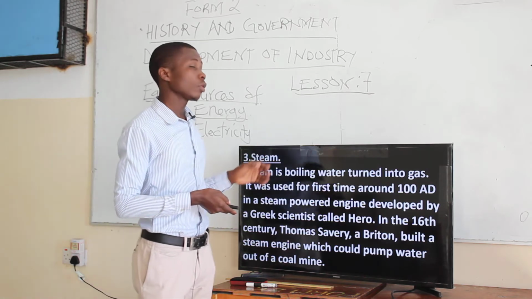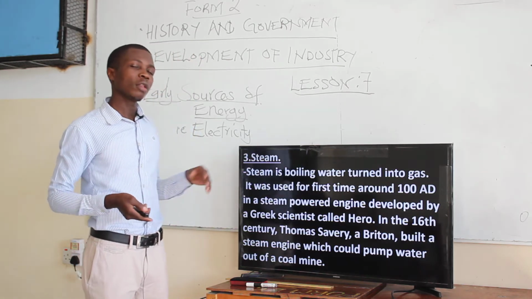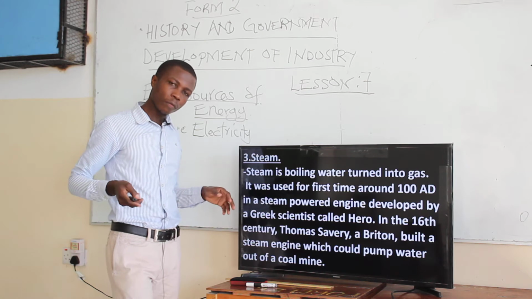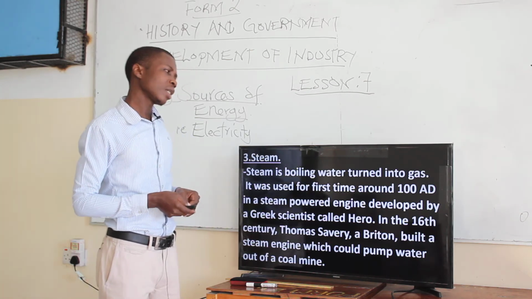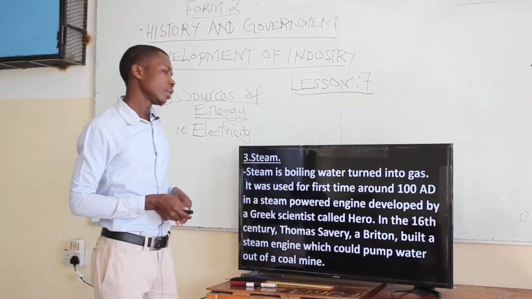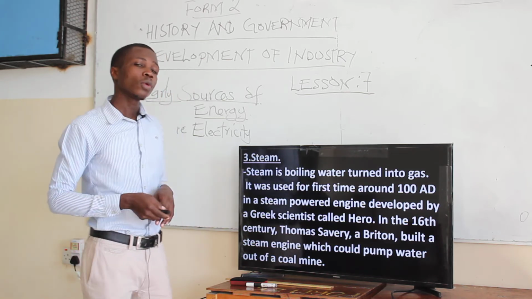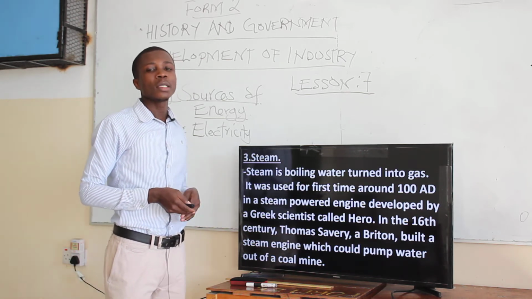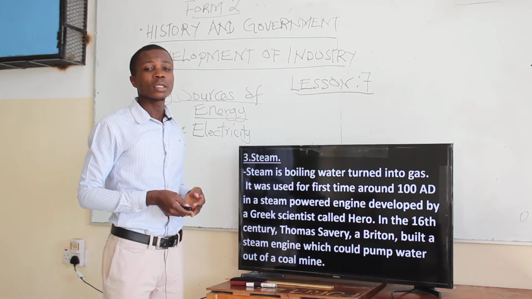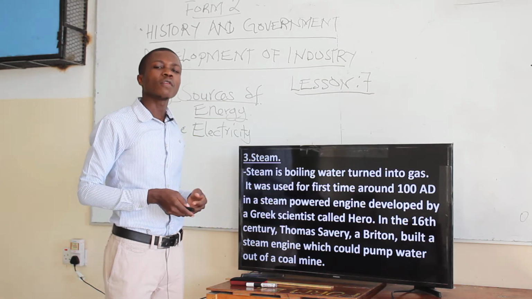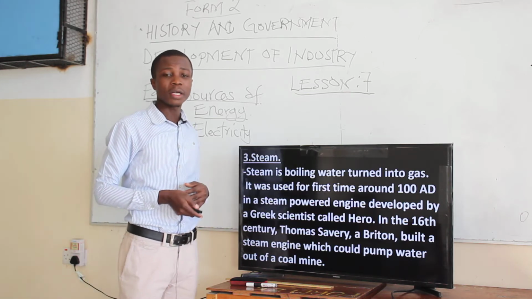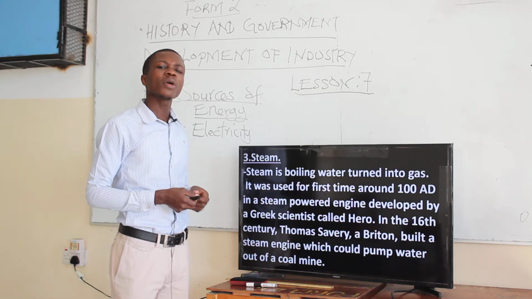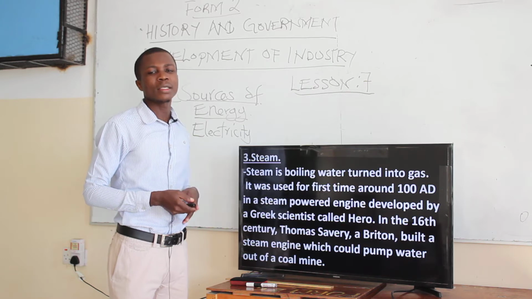You understand that we've been talking about the industrial revolution, and the first continent where it started was Europe, basically Britain. So steam was basically boiling water turned into gas. It was used for the first time around 100 AD in a steam power engine developed by a Greek scientist known as Hero.